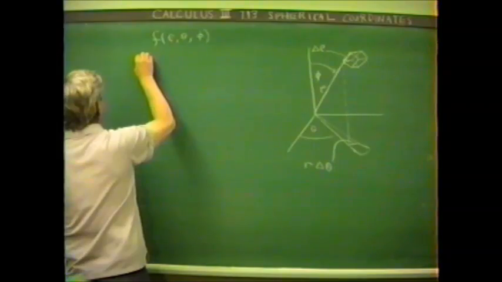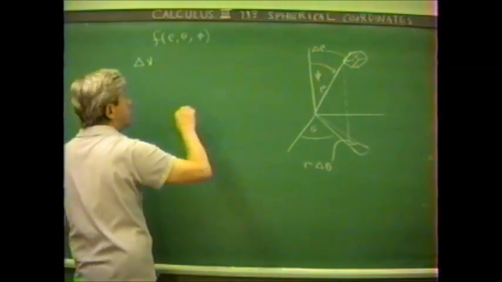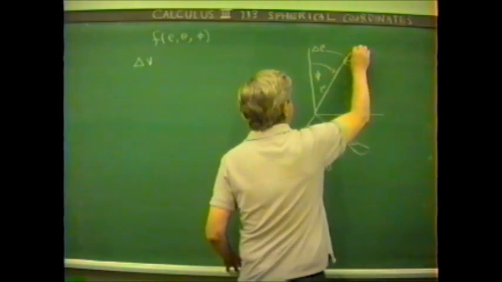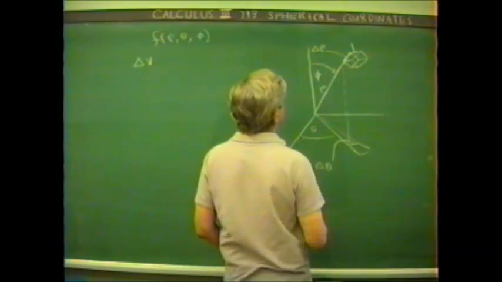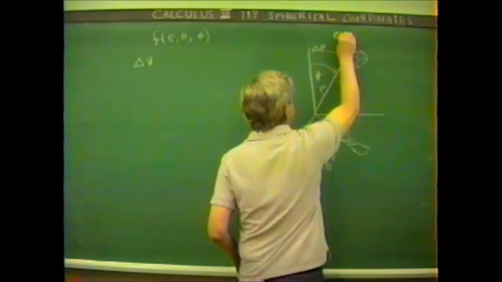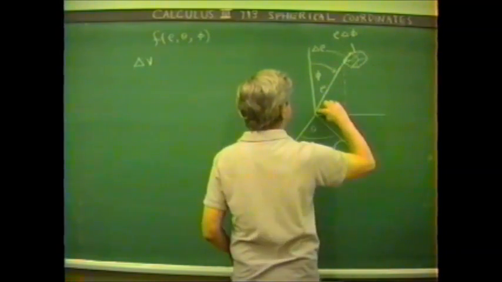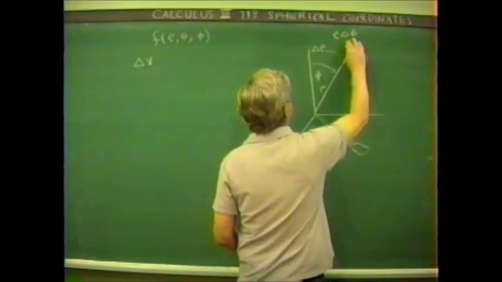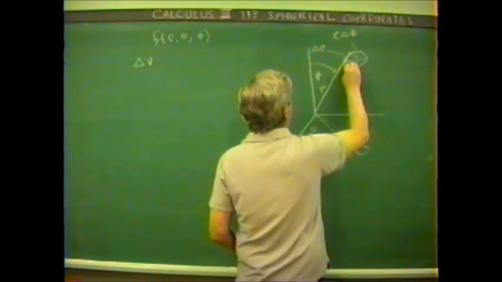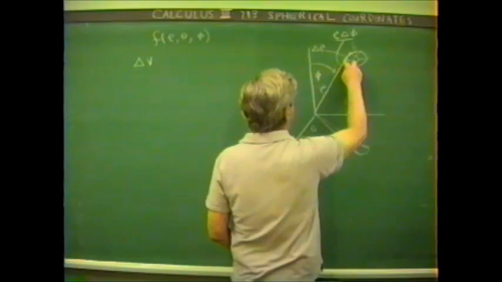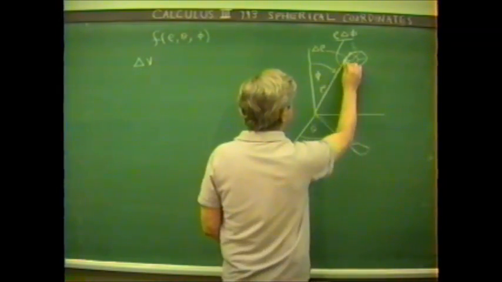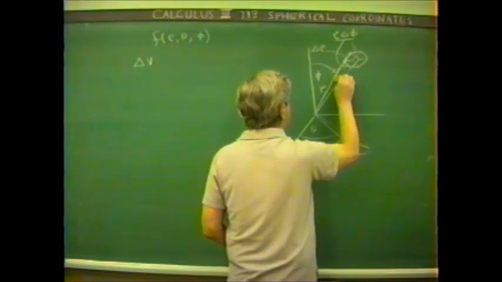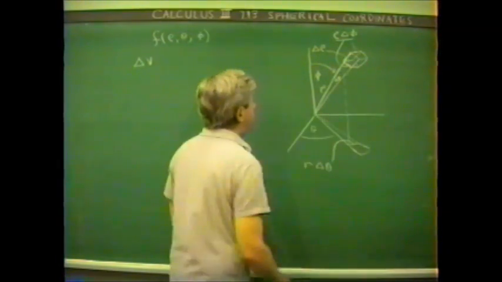So an element of volume here, delta V, is going to involve delta rho on one side. This side right here is going to be rho delta phi. We need to multiply the radius here times delta phi to find out this length.